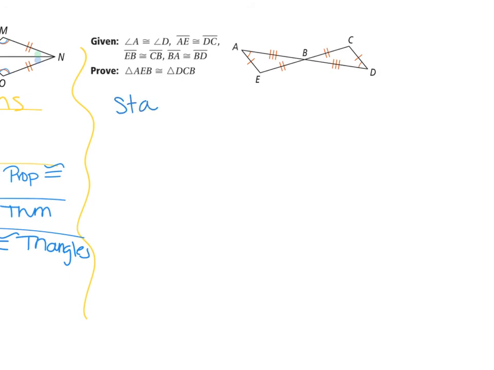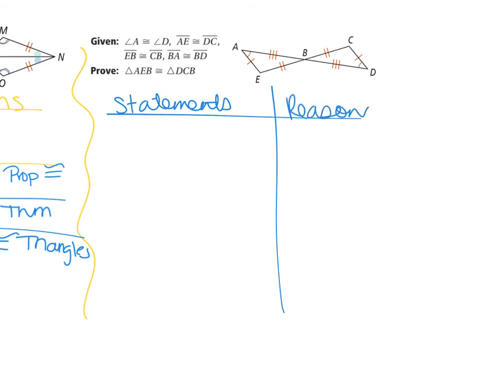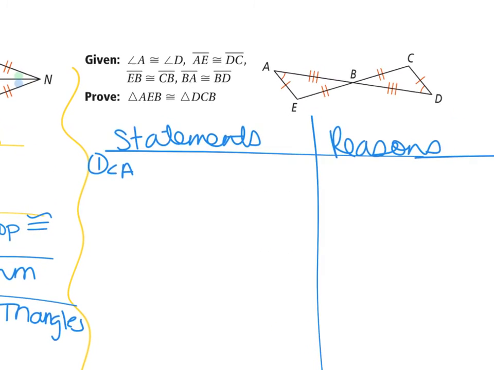Okay, this next one. All right, so it's a similar problem. If you want to try to pause the video and do it yourself, by all means, try it. If not, just follow along with the video. So first, of course, we have to list out our givens. So angle A is congruent to angle D. Segment AE is congruent to DC.